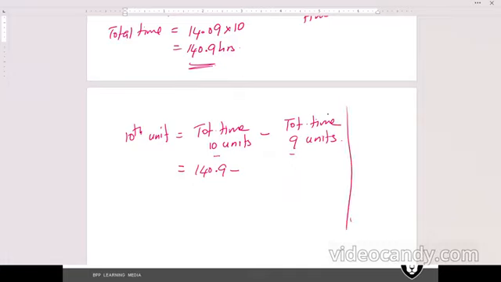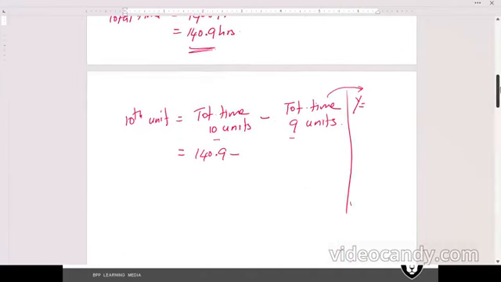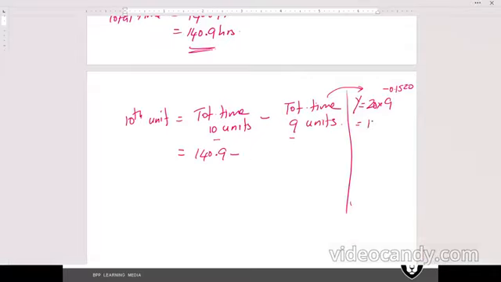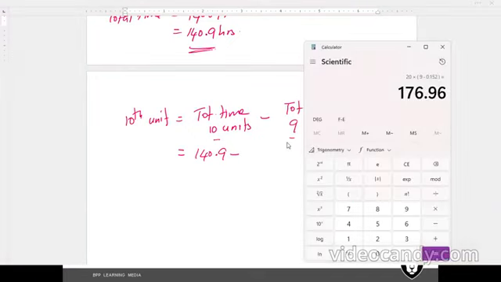The 9 units time, how do you find it? First we will find the average. Y equals A times 9 to the power of b. How much was A? A was 20. So 20 times 9 to the power of minus 0.152. We have a calculator. 9 to the power of... I didn't put the power.